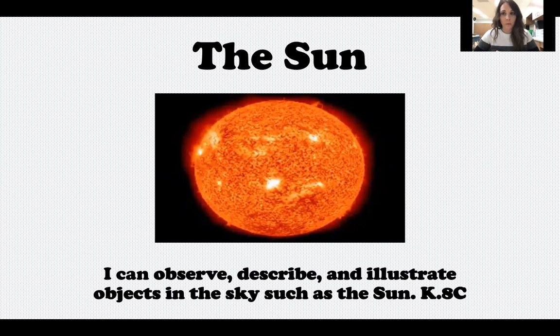Unfortunately, because of copyright issues and laws, I cannot show that on a video that I'm going to post on YouTube. So I'm going to summarize it here for you and talk to you about the sun and then show you what we're making. All right, so your target says: I can observe, describe, and illustrate objects in the sky, such as the sun.